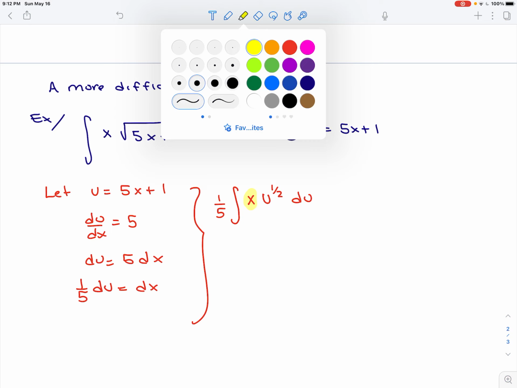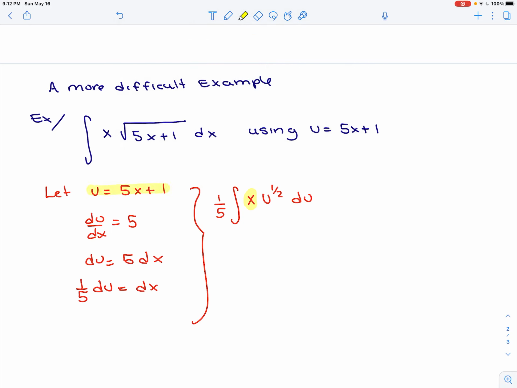Okay, luckily, this can be rearranged. We can say 5x equals u minus 1 and x equals u minus 1 divided by 5. Okay, you need everything in terms of u.